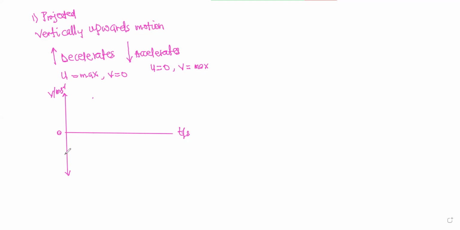Now, when it is just projected to go up, its velocity must be maximum. Then when it gets to the maximum height, it must decrease to 0. The moment the graph touches the time axis, it means that the velocity is 0 at that point.